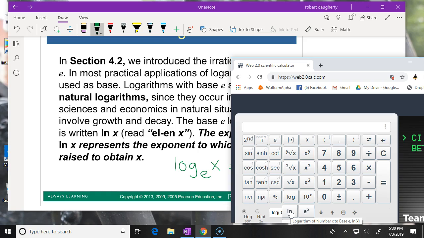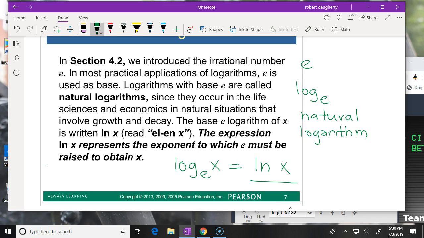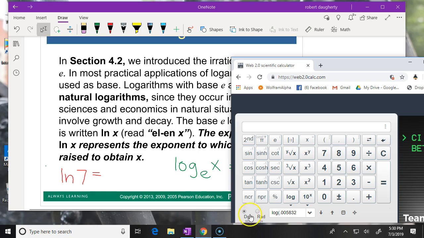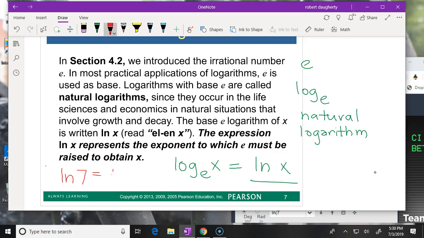So what if I wanted to figure out the natural log of 7? On my calculator, I would just come back over here and say I would like to figure out the natural log of 7. And that is 1.946.